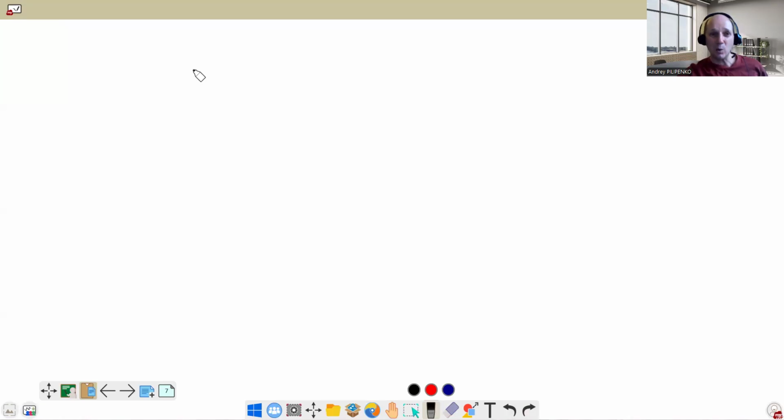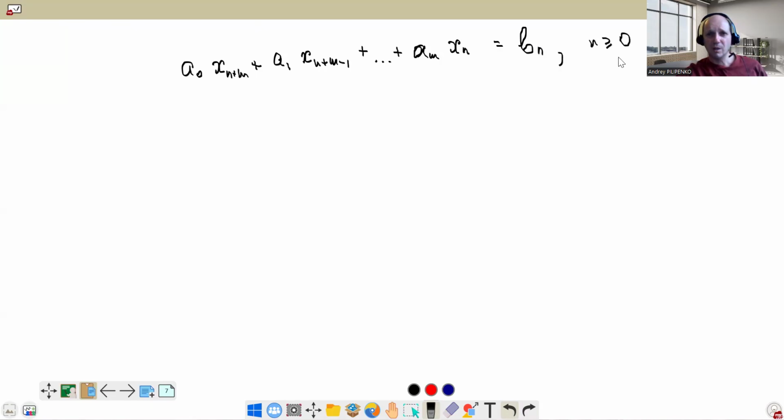And another equation is how to solve the following equation: a0 x_{n+m} plus a1 x_{n+m-1} plus ... plus am x_n is equal to b_n, where a0 is not 0, am is not 0, so the first and the last are not zeros, and b_n is a known sequence. So the question is how to find x_n.